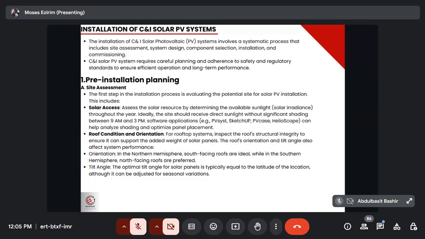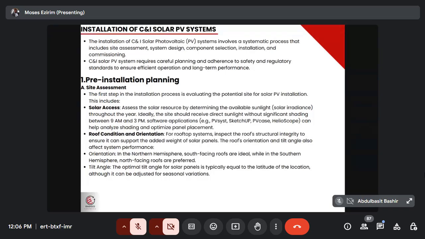They will confirm if the weight of your system is too much for the strength of the roof. If it is too much, then you cannot do your installation there. But if after the structural integrity check it can bear the load, then you can go ahead. I'm sure you know that every panel comes with a weight. If you check the solar panel details, you will see they put it there: 25 kilograms, 36 kilograms. Don't worry, we're going to see how to do all this.